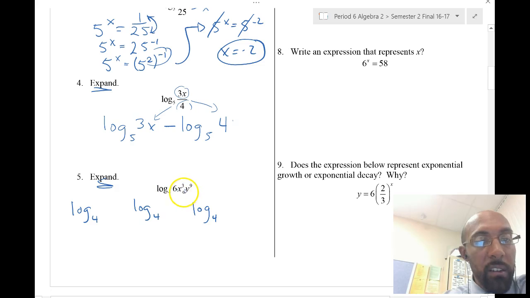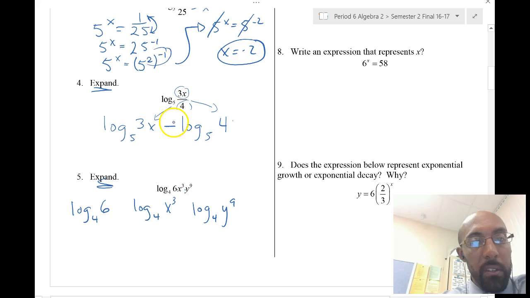With multiplication, it doesn't matter what order you go in. It matters with division. But I'm going to go ahead and follow the same order. So 6, then x cubed, then y to the 9th. And with multiplication, it's the opposite of division. It's separated by addition. So you basically put plus in the middle, and that's the difference.